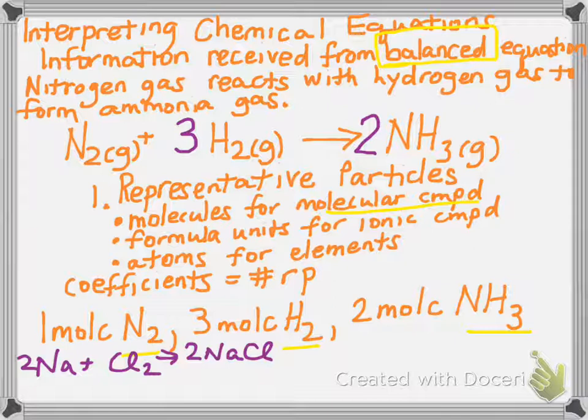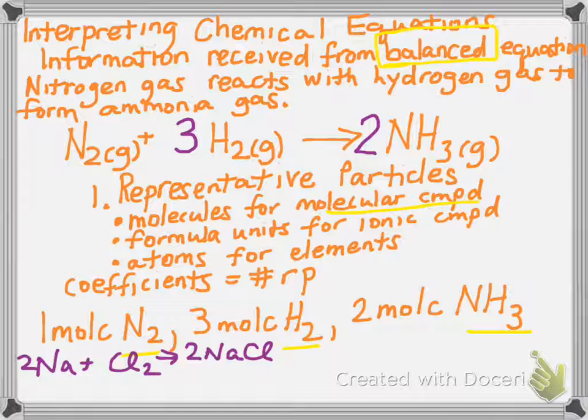Then to interpret something like that, because sodium's an element, I would say I have 2 atoms of sodium. Because chlorine is a molecular compound, I'd have 1 molecule of chlorine. And because sodium chloride is an ionic compound, I would produce 2 formula units of sodium chloride.